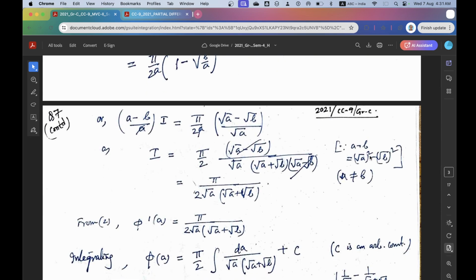This a minus b, you can write square root of a whole square minus square root of b whole square. So square root of a plus square root of b into square root of a minus square root of b. Cancel from numerator and denominator square root of a minus square root of b, because a not equal to b.